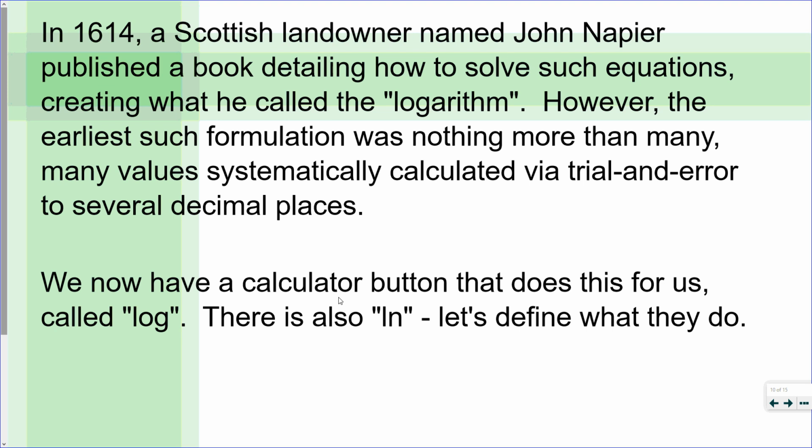It wasn't until the advent of calculators in the 1950s, 1960s, that what he called the logarithm book became really out of style. We now have a button on the calculator called log that allows us to solve these sorts of problems. So here's kind of a quick crash course in how logarithms work and how to solve many different types.